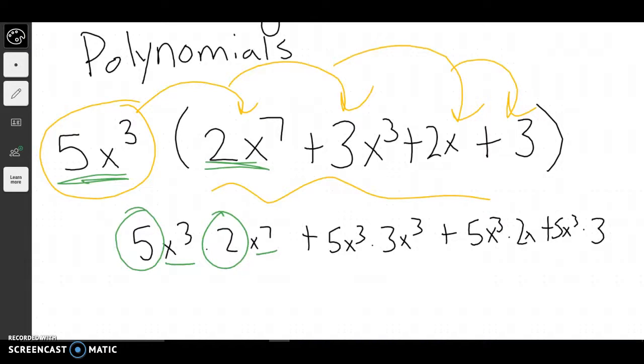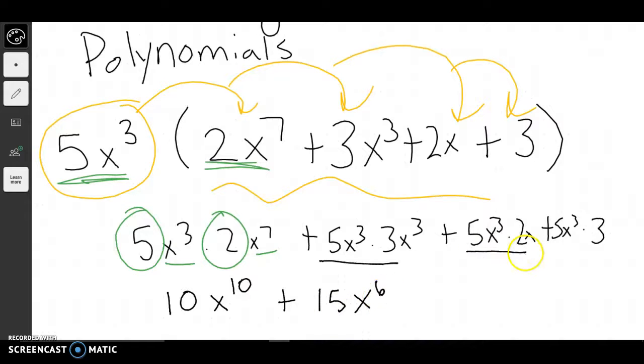So we'd get 10x to the 10th. For this one, we would get 15x to the 6th. For this one, we would get 10x to the 4th. And for this one, I get 15x to the 3rd.